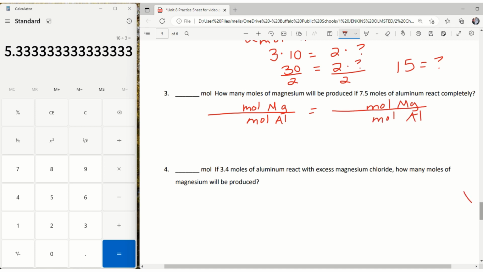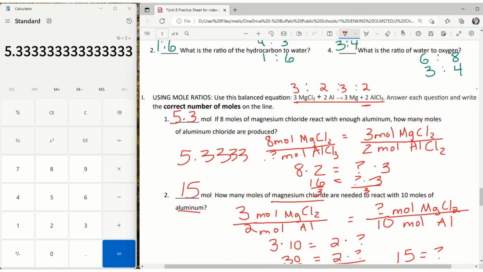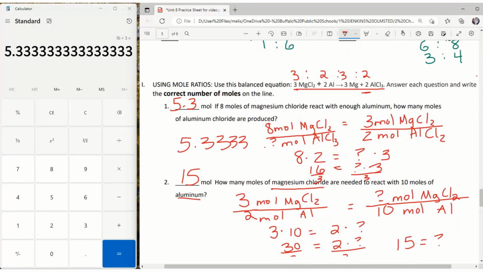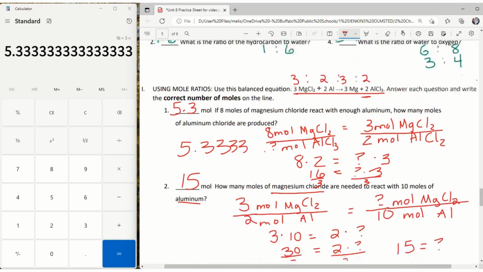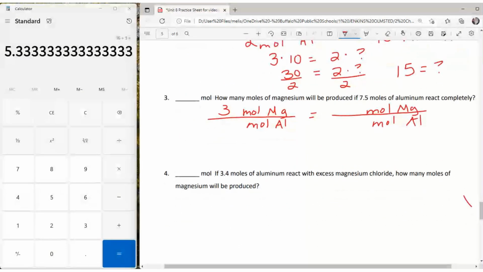Now I need to go to the equation for a moment. So the coefficient in front of magnesium is 3. Let's go back. The coefficient in front of aluminum is 2. Okay. What do I have in the problem? 7.5 for aluminum. I want to find this.